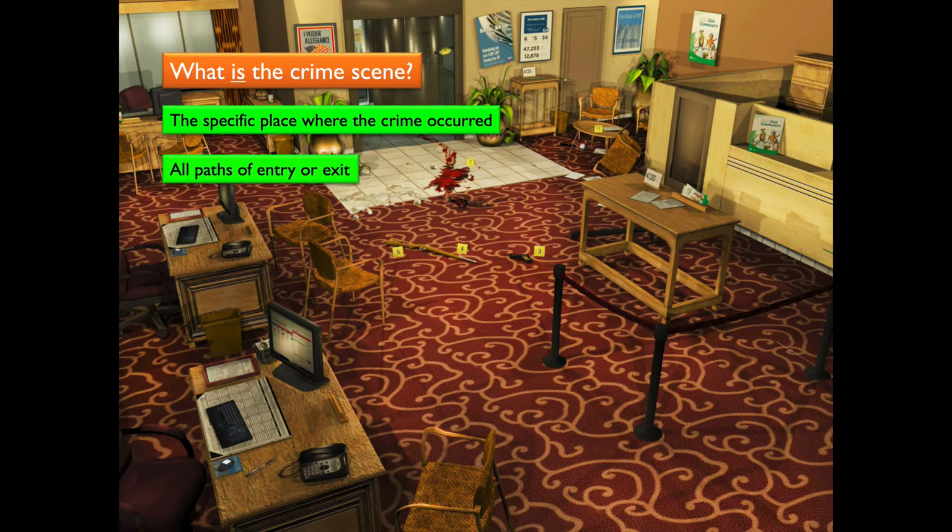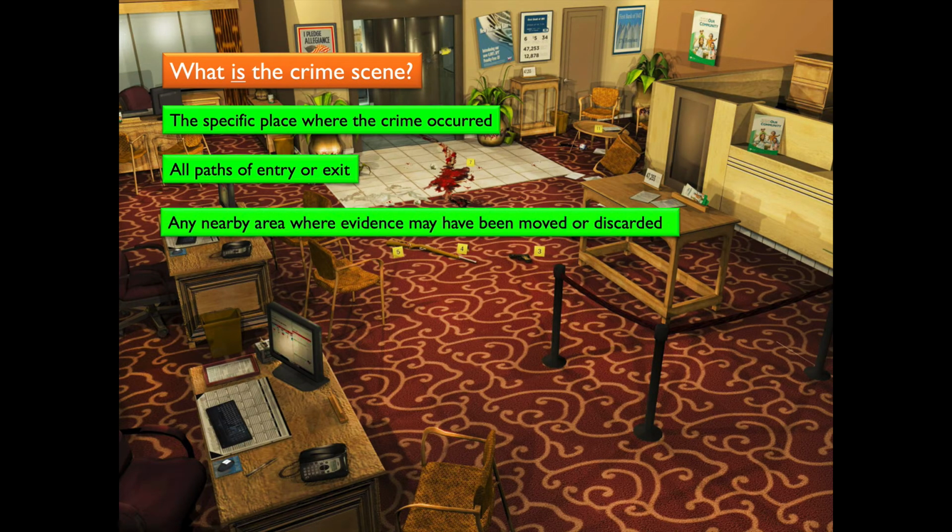All paths of entry or exit. To get to a crime scene, the perpetrator had to take a specific path there, and to leave the crime scene, if they did leave, how they exited and where that led to is the next secondary crime scene if this was the initial primary one. Any nearby area where evidence may have been moved or discarded.